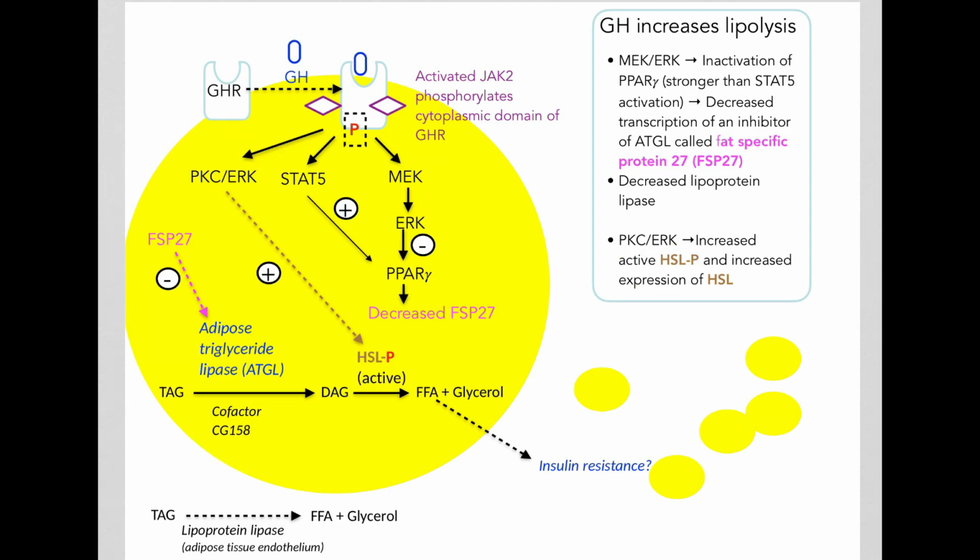Now, some researchers claim that the increased release of fatty acids into the bloodstream by the adipocytes may also be responsible for the insulin resistance that we see with growth hormone. Growth hormone also reduces the activity of lipoprotein lipase, probably through the inactivation of PPAR gamma.